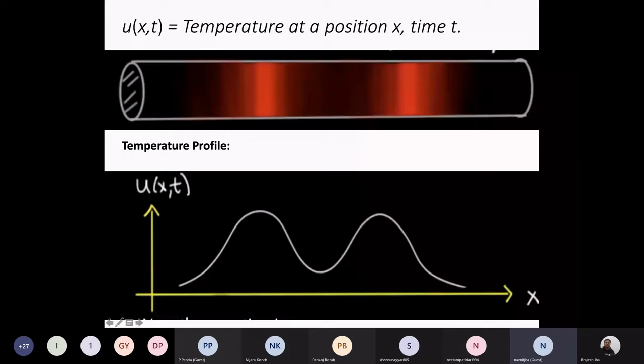So very simple. At the red location, the temperature is high, so our graph goes high first, and again, between the two red zones there is a black zone that shows the lower temperature, so the curve goes down and it again goes up. So this is what, from physics, I have just drawn as a mathematical graph.